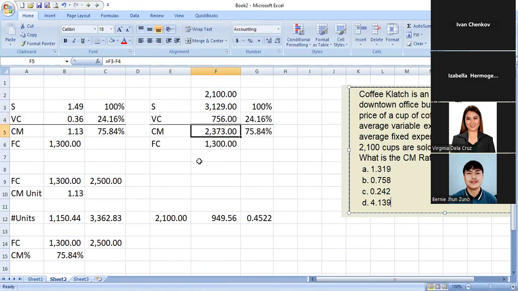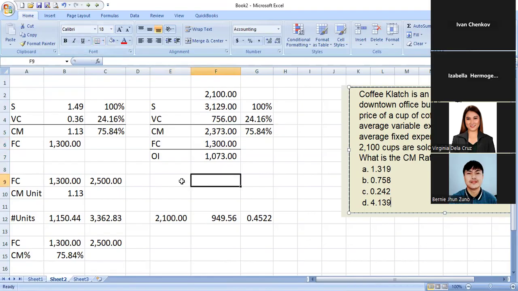So our contribution margin will be 2,373. That means our operating income is going to be equal to the contribution margin minus the fixed cost. It's going to be 173.